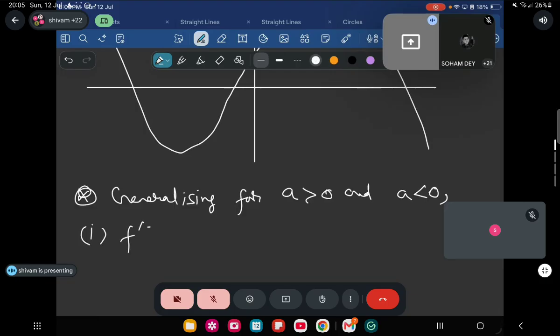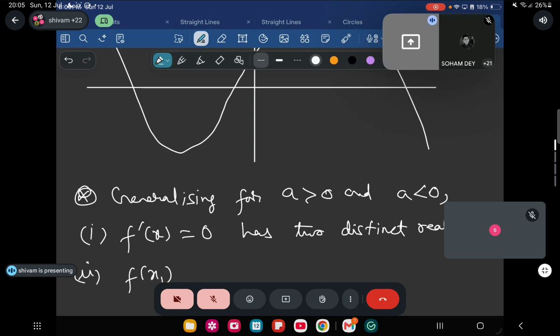What do we get? Number 1, f dash x equal to 0 has 2 distinct real roots. Number 2, f of x1 into f of x2 should be less than 0. Are people getting it?